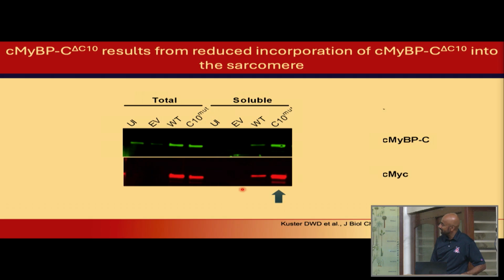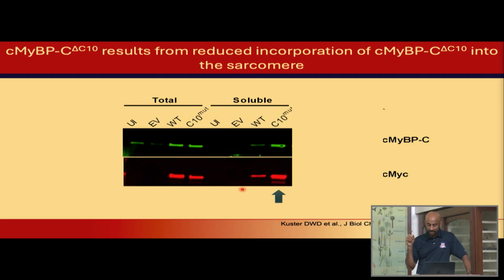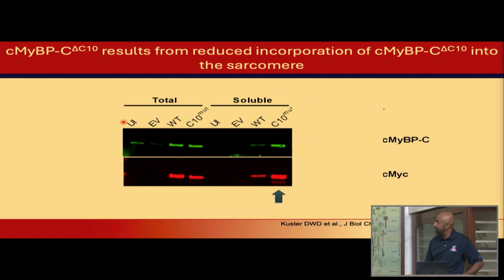Again, MIG-TAC is an extra 10 amino acids we introduced at the end terminus of both wild type and mutant, just to show the difference between endogenous versus exogenous.